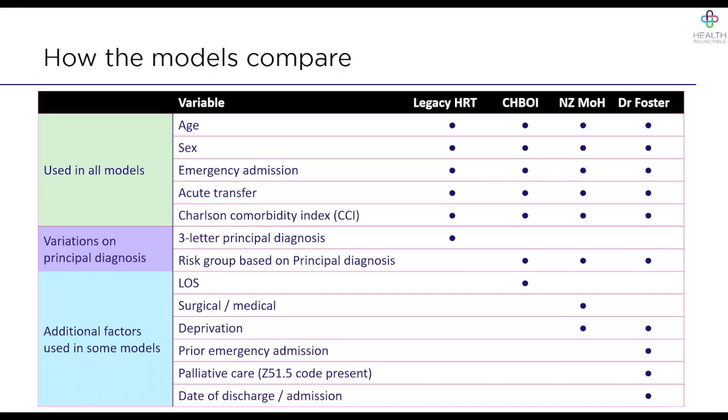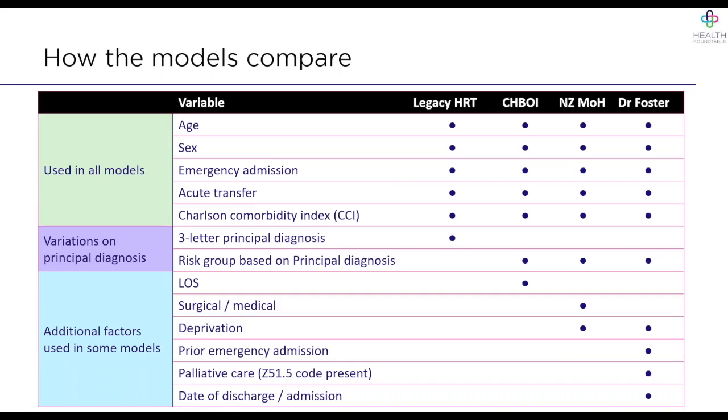So what's common in all of these models? They're all logistic regression models, and they all look at age, sex, was the admission an emergency admission, was it an acute transfer, so a transfer from another acute hospital. The Charlson Comorbidity Index is common to all of these models as well. The Charlson Comorbidity Index is a group of comorbidities that are scored, and each patient, each episode gets a score.